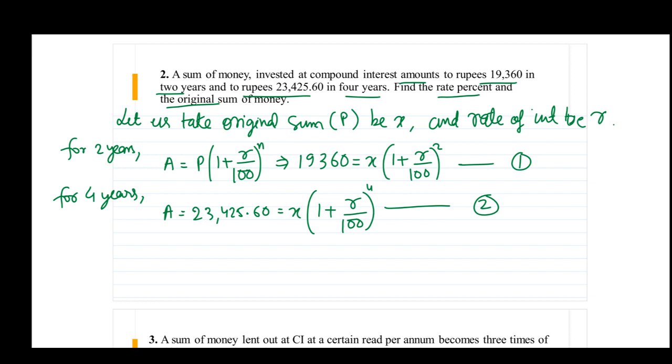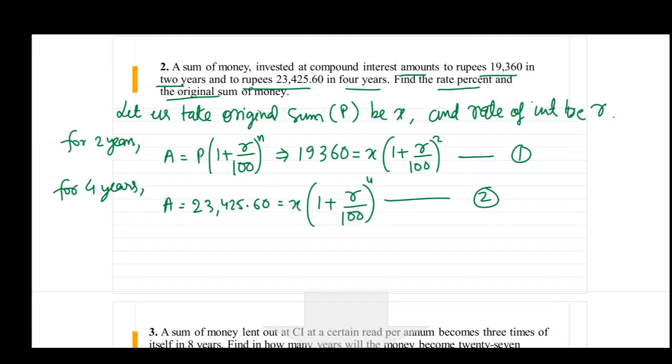Now whenever you have two unknowns, x is unknown and R is also unknown, so we need to eliminate one of the unknowns. If we divide equation 2 by 1, we will get rid of x.